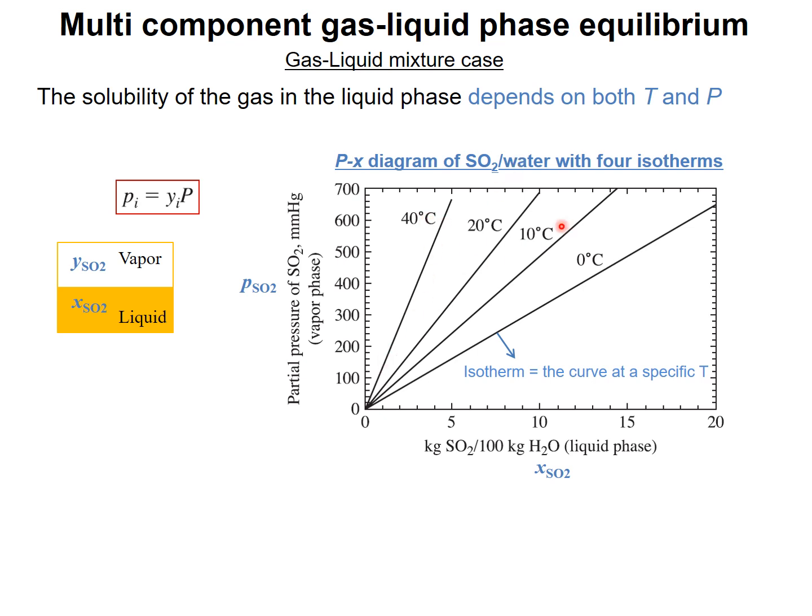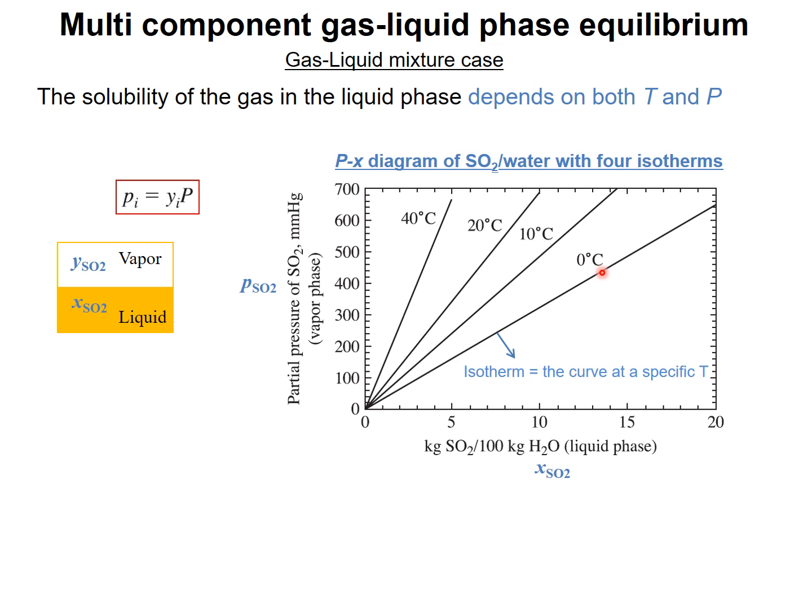It means as the partial pressure of SO2 in the vapor phase increases, the liquid composition of SO2 increases. Of course, with more SO2 in the vapor phase, at equilibrium you have more SO2 in the liquid. One more thing, temperature.